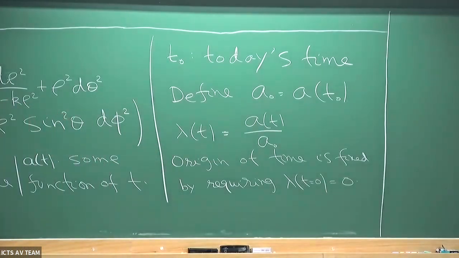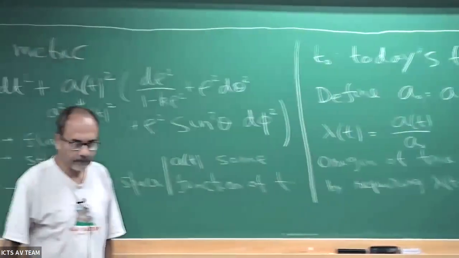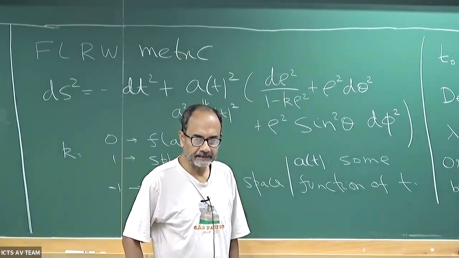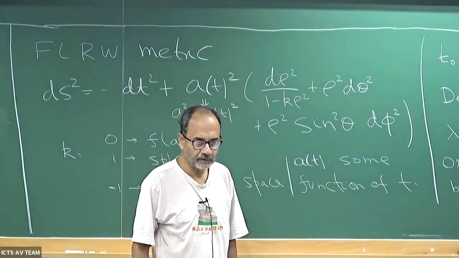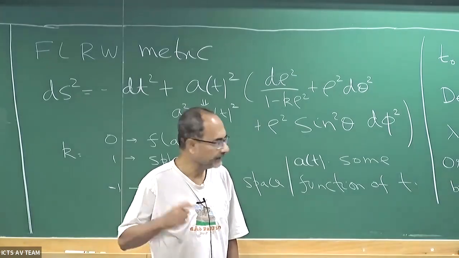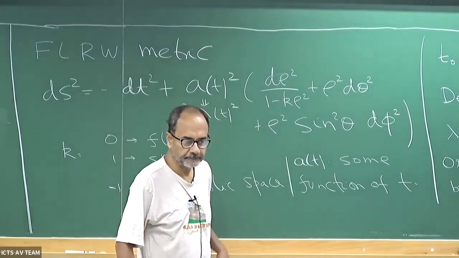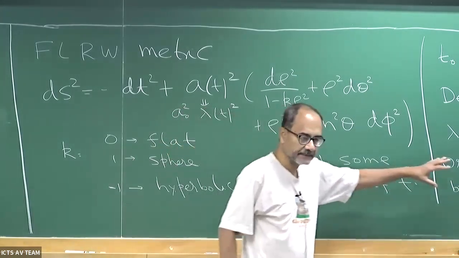Whatever value of t where lambda is 0 will count as the origin, and then t0 is today's time. But this one I'll try to discuss in some detail later.